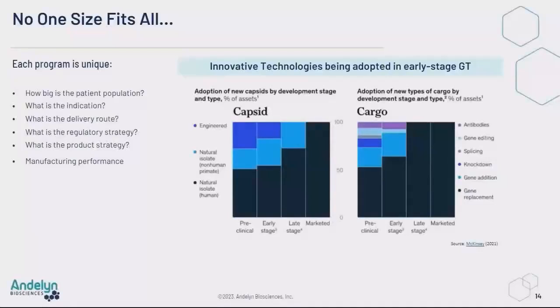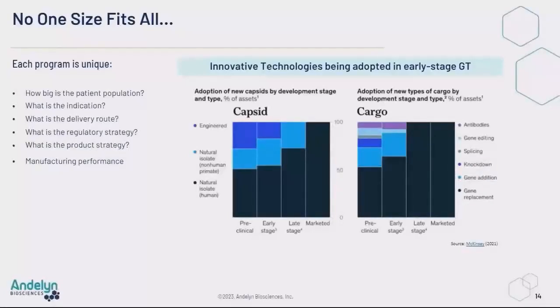The DNA cargoes are becoming more and more diverse, and as each of these continue to differentiate, the interactions of the two also continue to differentiate, which creates more and more demand on the downstream purification in terms of flexibility.